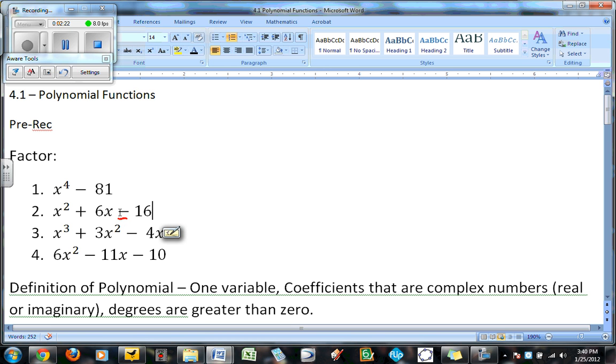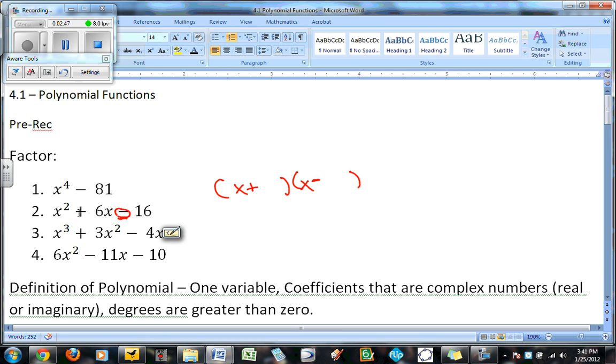If this was a plus sign, the two signs are the same, because a negative times a negative is a positive and a negative times a positive is a negative. If this sign is negative, we're going to have two different signs in our parentheses, x times something and x something. So one's going to be a plus and one's going to be a minus.